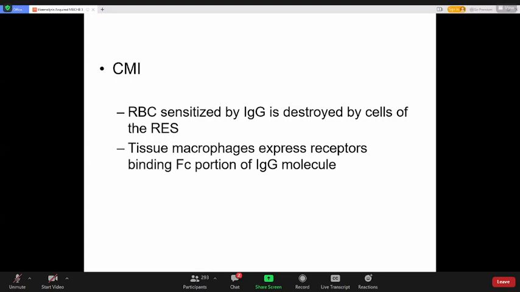Remember, tissue macrophages express receptors for the Fc portion of the IgG molecule. The coated red cells are recognized by the tissue macrophages, which are part of the reticuloendothelial system, and the red cells are phagocytosed and destroyed. So that's the cell-mediated immune destruction.